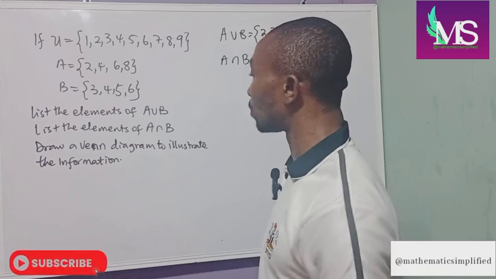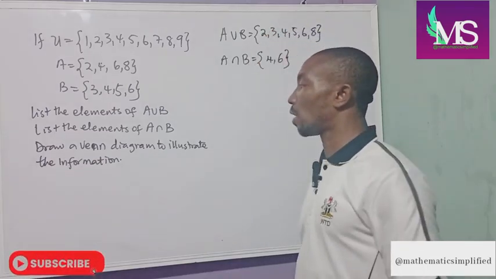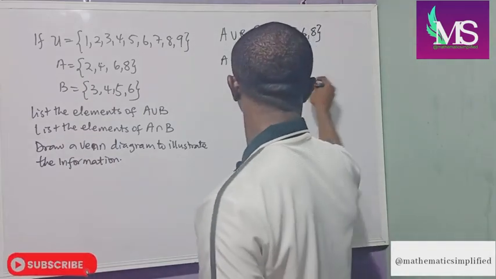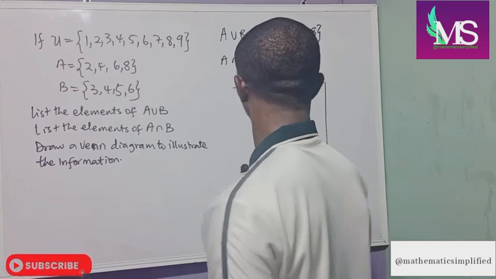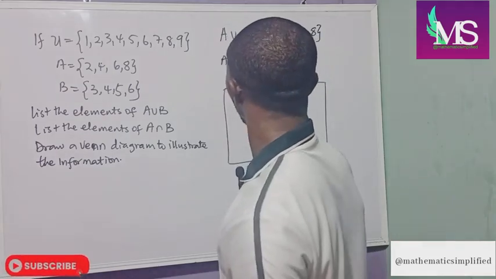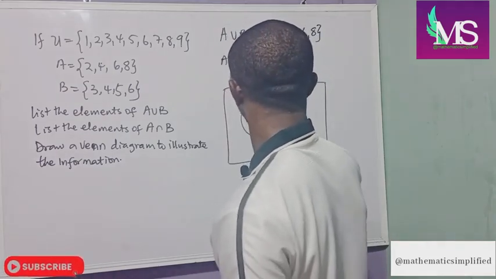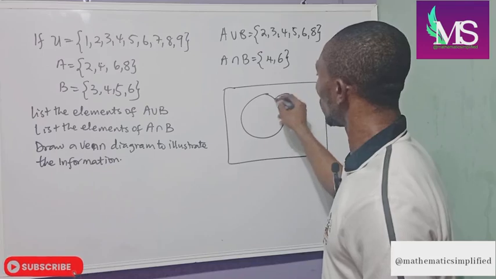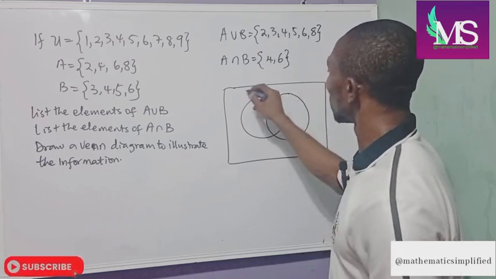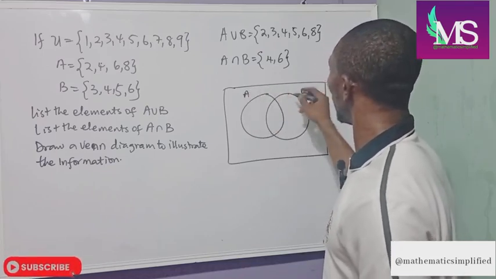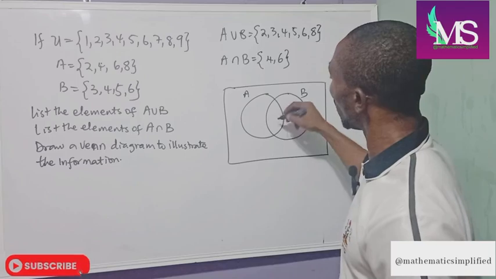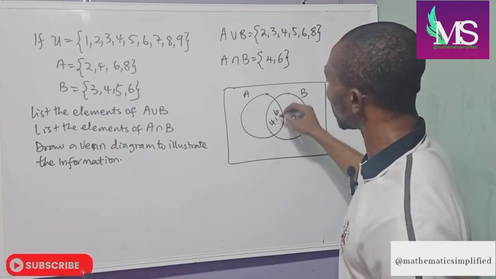Now, to draw a Venn diagram to illustrate this information, we have a Venn diagram this way, where we have set A. Since there's an intersection, surely they are going to cut each other. Set A and set B. Now, our intersection is what is common here, which is 4 and 6.